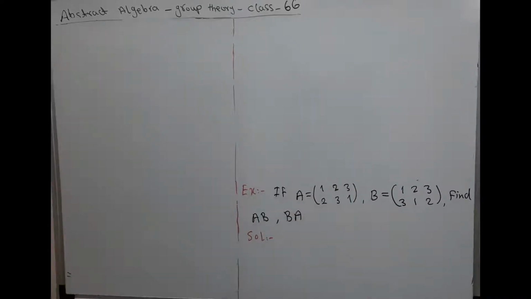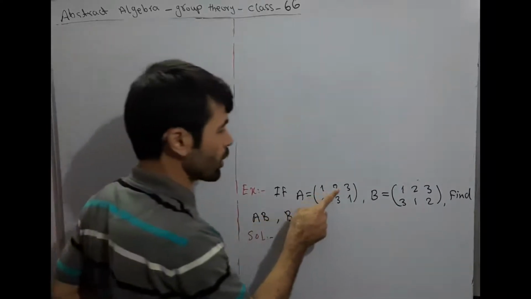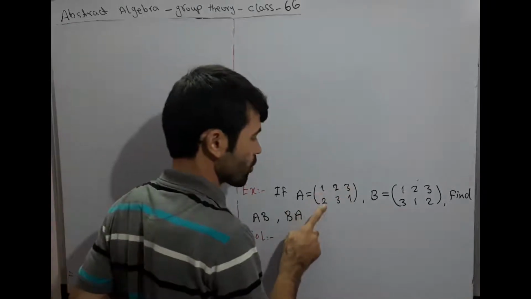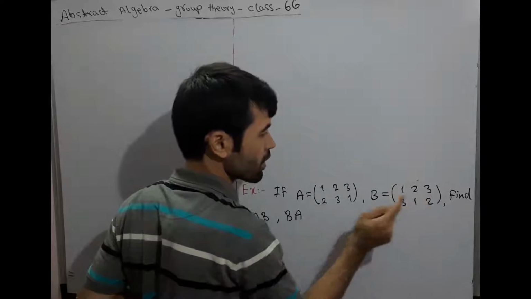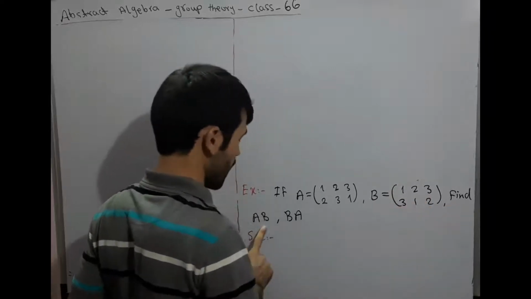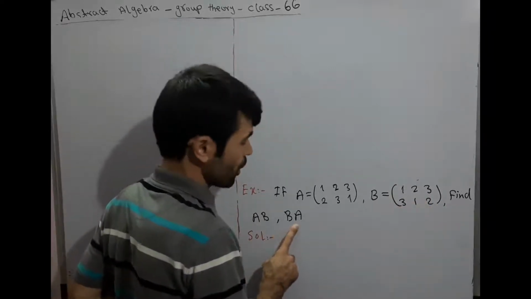Here, an example: if a is equal to 1 2 3 over 2 3 1, and b is equal to 1 2 3 over 3 1 2, find a into b, comma b into a.